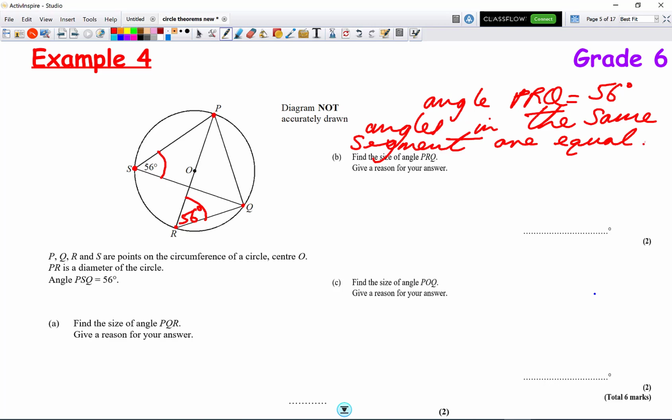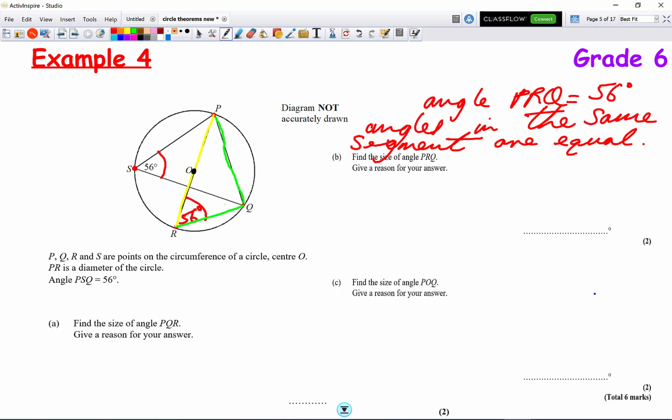Okay, now we want to work out angle PQR. Now here is another circle theorem. It's very important. If we have a diameter, which I'm going to highlight here in yellow, and we know that O is the center, then it forms a right angle triangle. I'm going to highlight the rest of it in green. So we've got this right angle triangle PRQ.